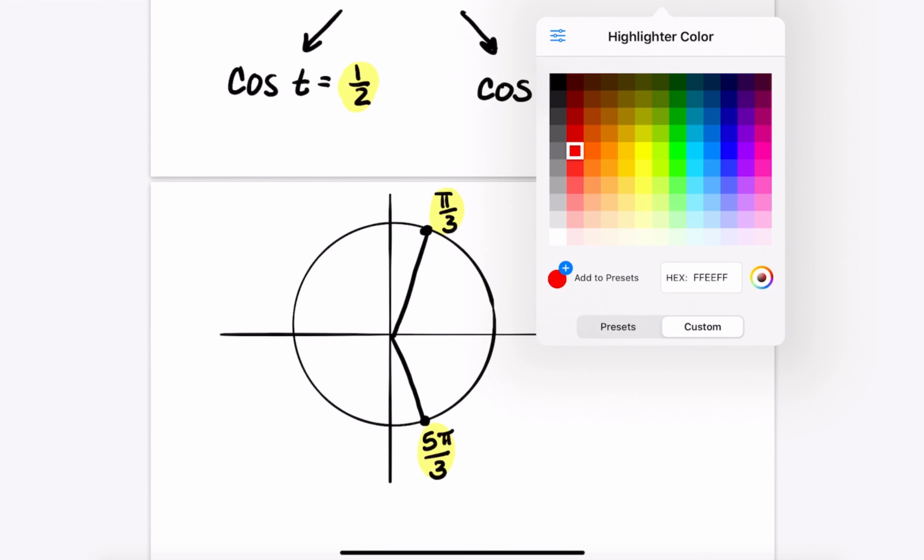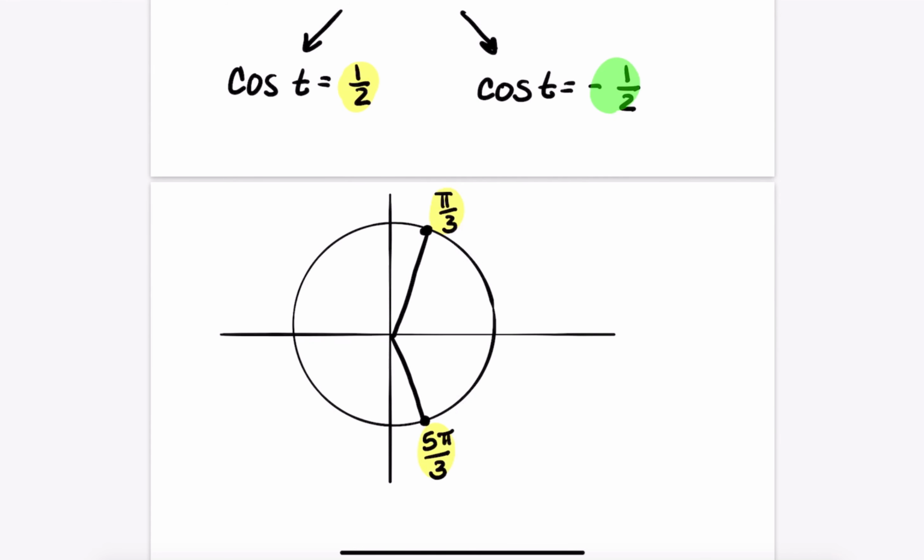And now for negative 1/2, it's going to be at these points. And this is 2 pi over 3, and this is 4 pi over 3. So the cosine is negative 1/2 at 2 pi over 3 and 4 pi over 3 only.